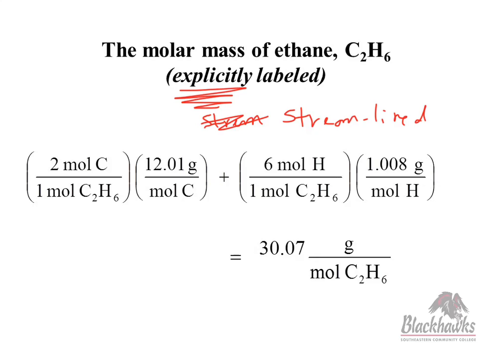And I know that the molar mass of carbon is the decimal number for carbon, 12.01 grams per 1 mole. That's my carbon term. And then I have to account for my hydrogen, and the subscript is 6, so there are 6 moles of hydrogen for 1 mole of C2H6 molecules. The decimal number for hydrogen is 1.008. There are 1.008 grams of hydrogen for 1 mole of hydrogen.